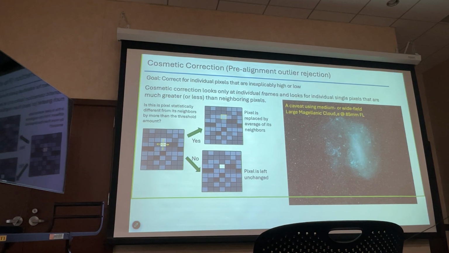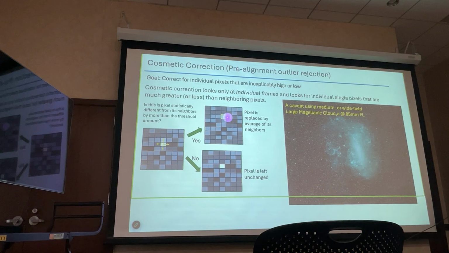The first step in outlier rejection is to go through those light frames and, if I look at each pixel and compare it with its neighbors, I can generate a standard deviation as a measure of how uniform the image is in general. If this pixel is more than a certain number of standard deviations away from the average of this little neighborhood, I'll replace that pixel with the average of its neighbors. If it's within that standard deviation, then it will be unchanged.